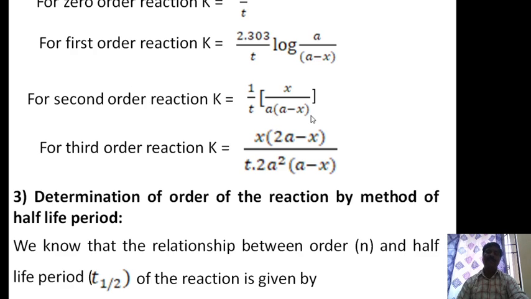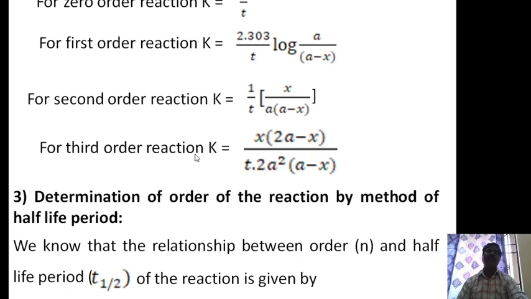Again, for different intervals of time, if K is constant for 2 or 3 trials, then we conclude that the given reaction is a second order reaction. Otherwise, if it differs from trial to trial, then it is not a second order reaction. Then you choose the third order reaction.